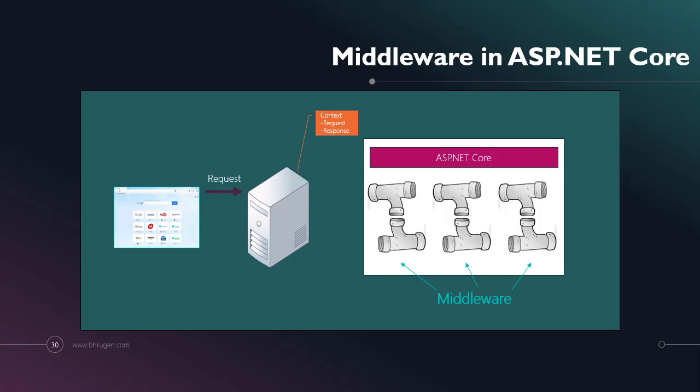So typically a browser is going to send a request to your server, and that request is going to be interpreted by the server and handled by some piece of software. Now first, that request is attached to something called the context object.